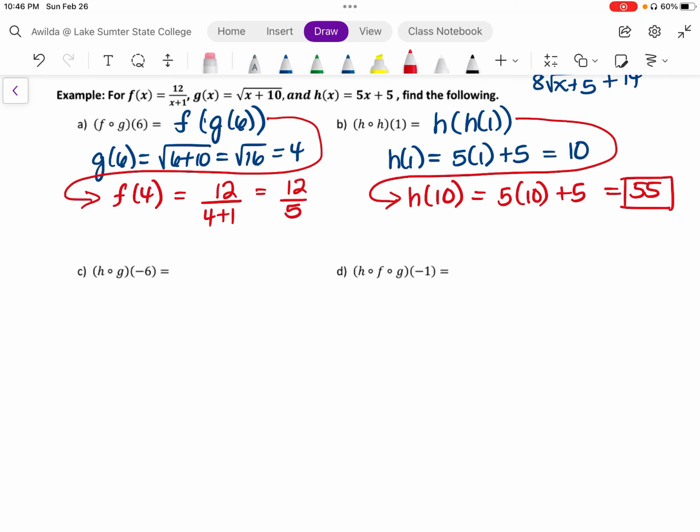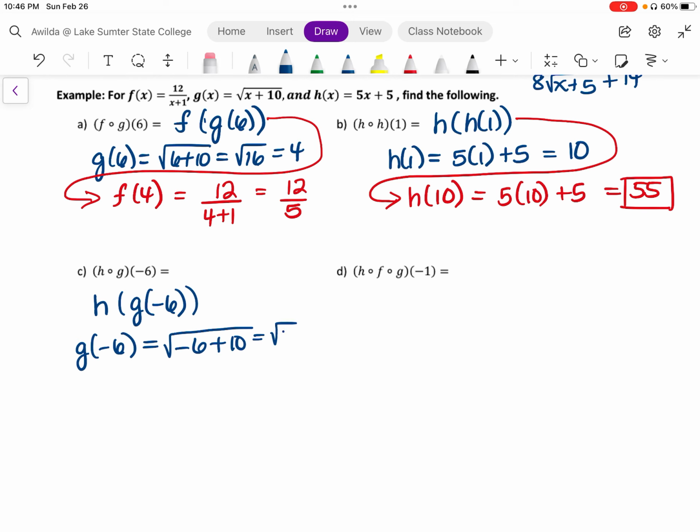All right, hopefully you're getting the hang of it by now. Let's take a look at h of g of negative 6. So that's h of g evaluated at x equals negative 6. All right, so let's find g evaluated at negative 6 first. So if we look at the rule for g, we have the square root of negative 6 plus 10.